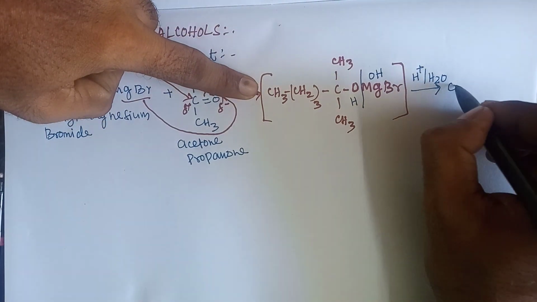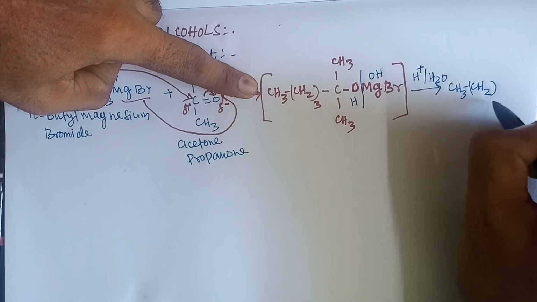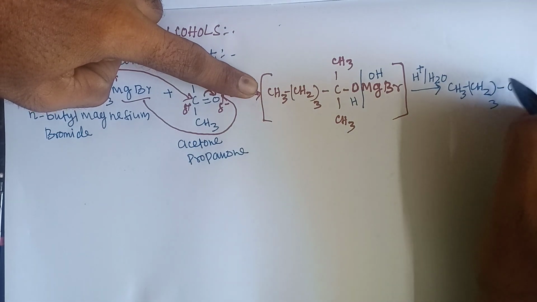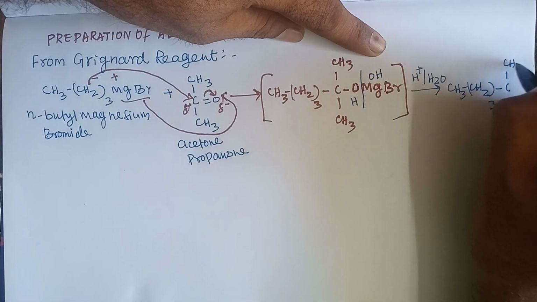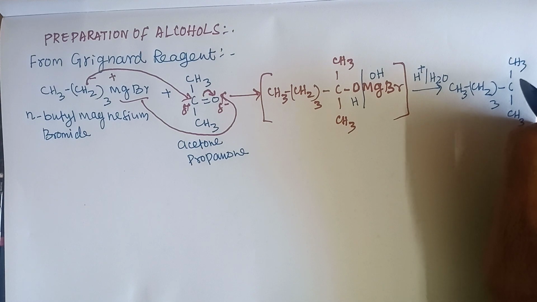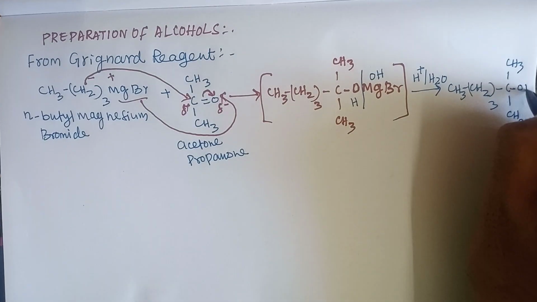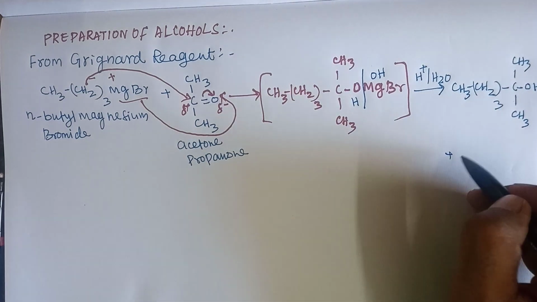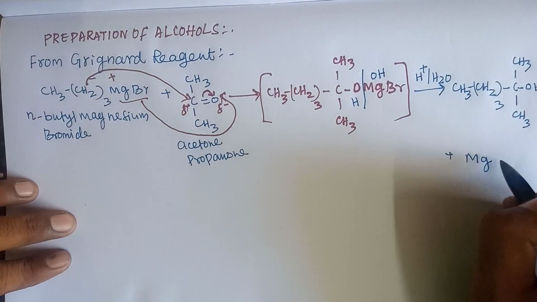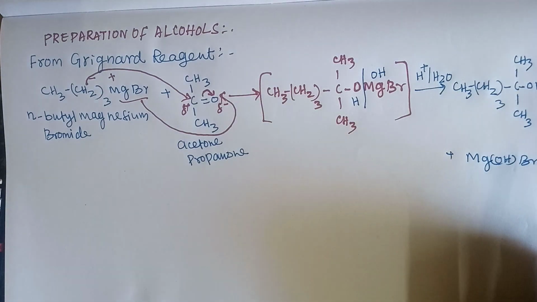Here we write this part CH3, CH2 thrice, then CH3, CH3, OH. This O and H we write as OH, plus Mg OH Br. So this C-OH is the tertiary alcohol.